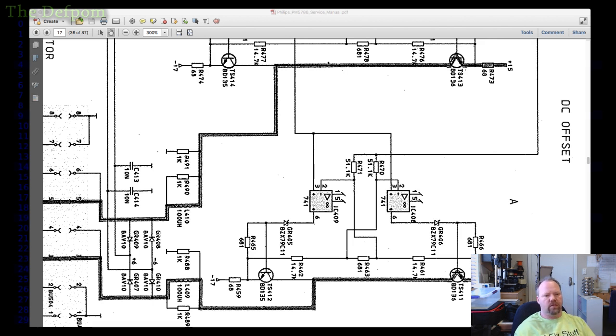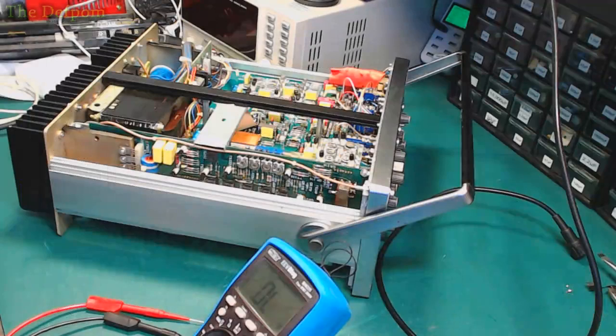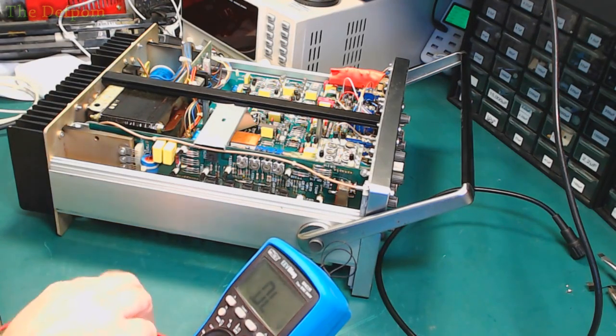Doesn't make sense. Go to the device and have another look, see if I can measure voltages in there. I don't know if there's any Zeners in there, but we'll just do some voltage checks first.